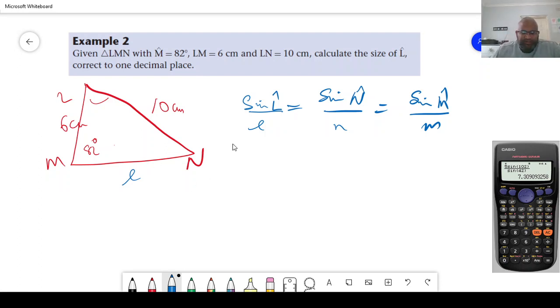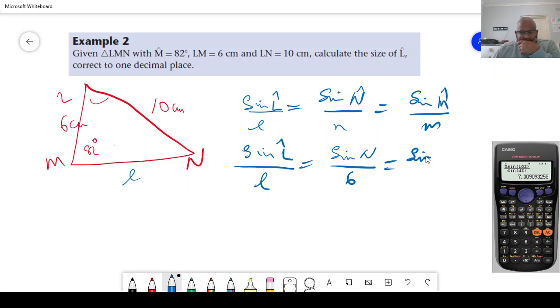So at this point, let's fill in what we have. We've got sine of L, which is unknown, that's what we want to calculate, over lowercase l, which we also don't know. Then we've got sine of N, which is unknown, but N's opposite length is 6.